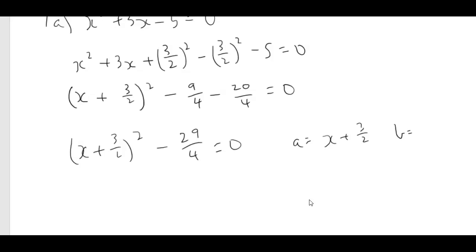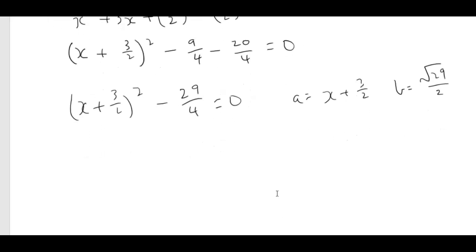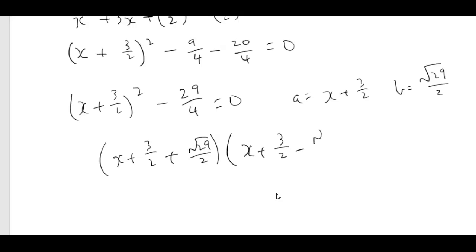And the b is the square root of 29 over the square root of 4, which is also 2. Okay, so then we've got a plus b, so x plus 3 on 2 plus root 29 on 2, and then x plus 3 on 2 minus root 29 on 2. So I'm just doing the difference of perfect squares here.